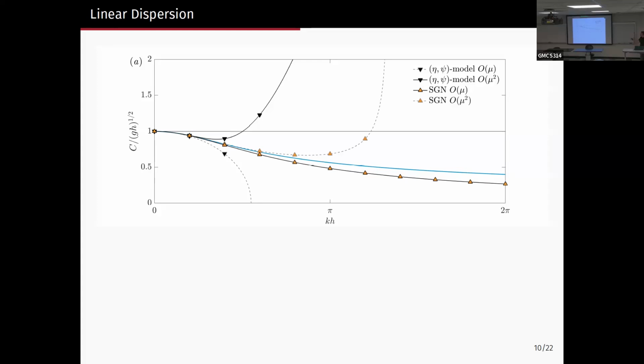If you work with the Serre-Green-Naghdi model, which is essentially these models, but you do a change of variables, and from psi you work with the depth integrated horizontal velocity. For the classical SGN model, which is the upper triangles, you get a good dispersion relation, which is quite close to the exact one.